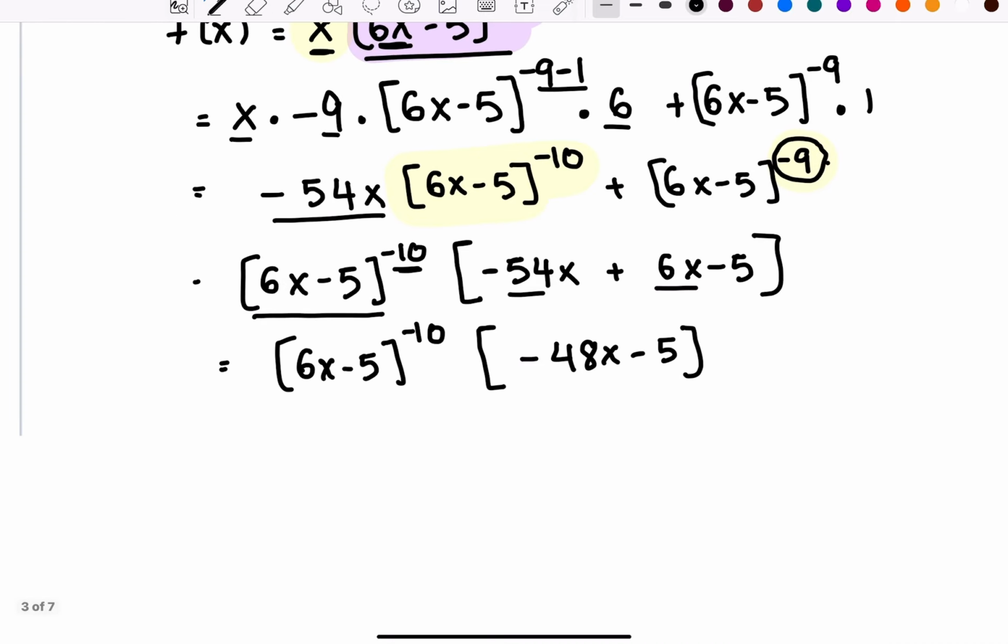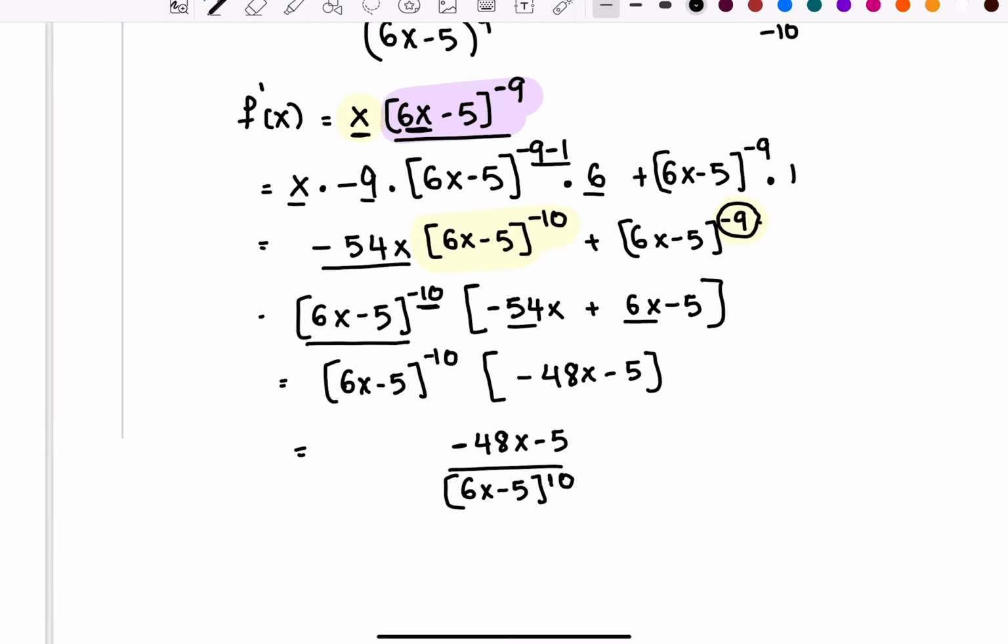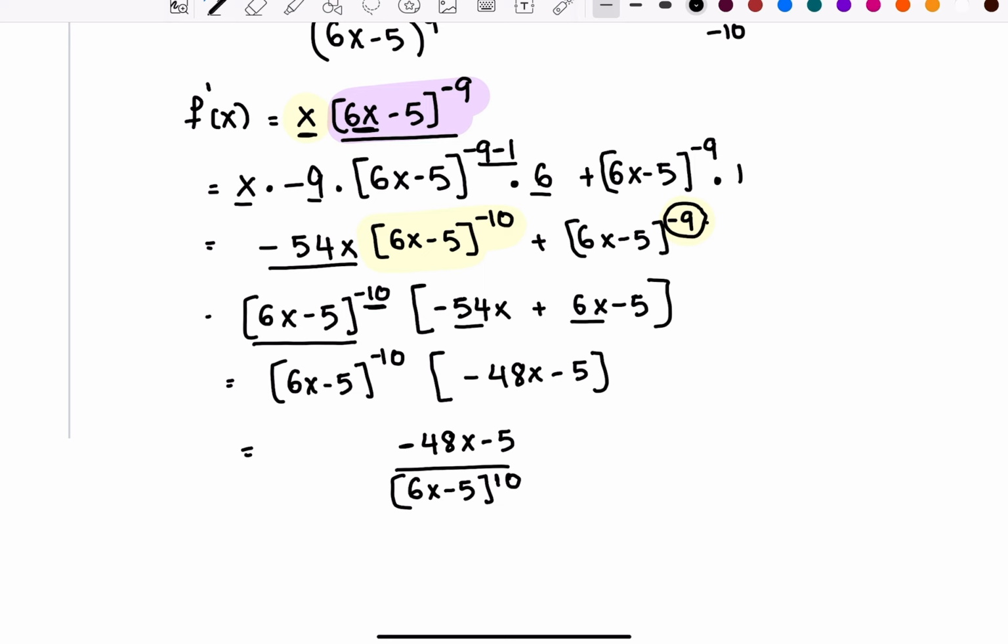The way you would write this down, remember Pearson does not like negative powers. This is going to be negative 48x minus 5 over 6x minus 5 to the power positive 10. This is going to be my slope. This is the derivative, which is also my slope.